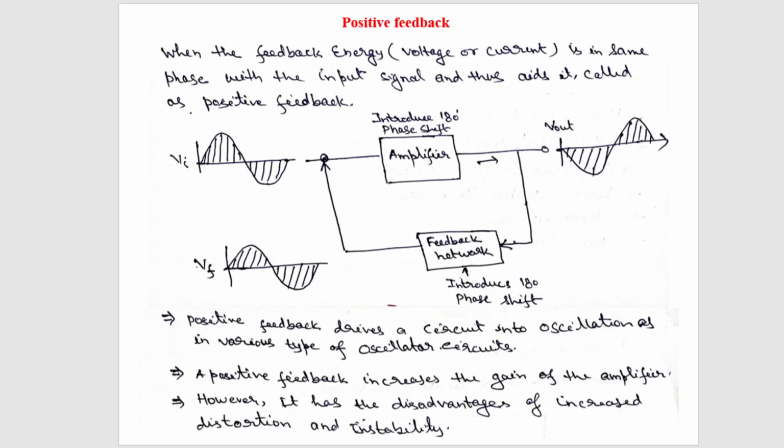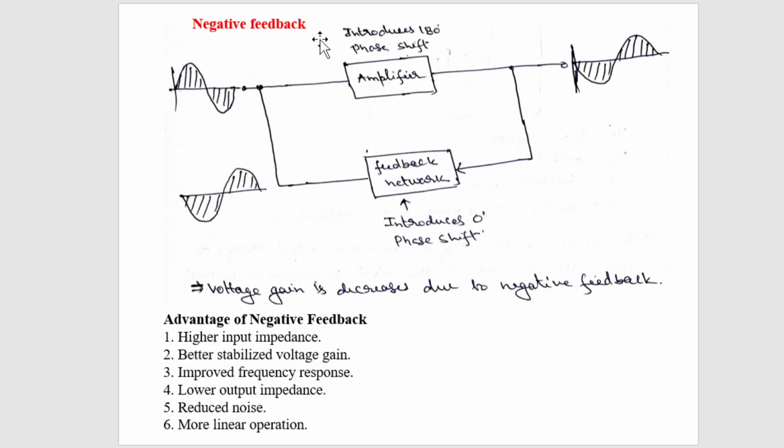So let's try to understand negative feedback. As its name refers, negative, whatever input signal we apply, we will get an output. Let us say we are introducing a 180 phase change in the amplifier, as in a common emitter amplifier. So the input signal is in this phase and the output is out of phase with the input.